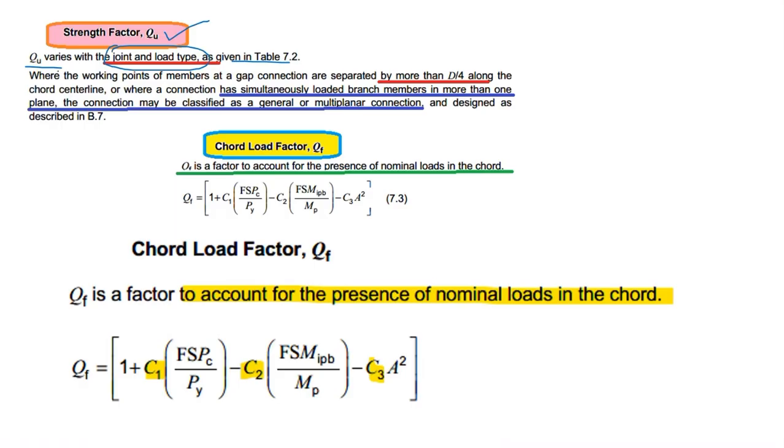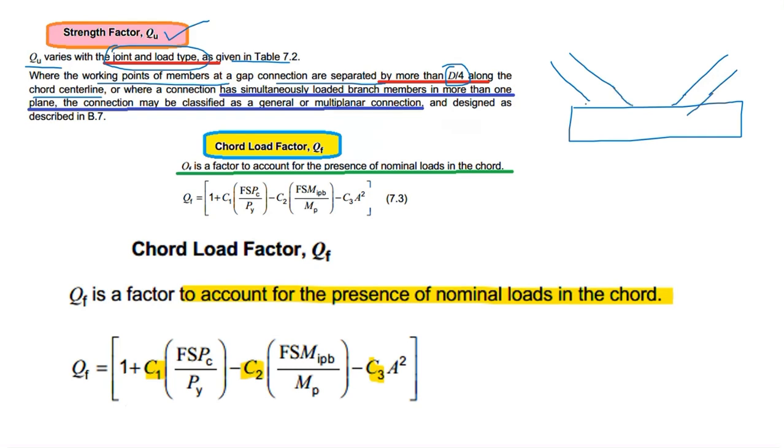And you see here QU, where the working points of the members at a gap connection are separated by more than D/4 along the chord center line. That means we have the chord member, and this is the brace member. This is the chord center line, and this is another brace center line.